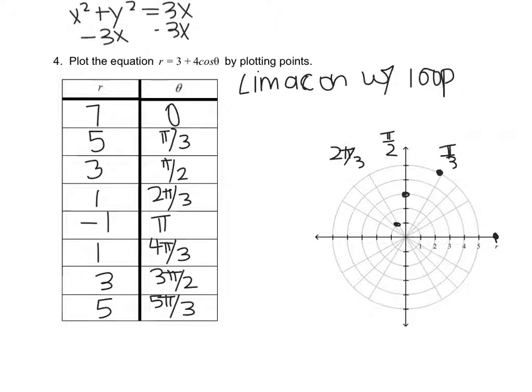At pi, we have -1. So remember, even though pi is on the left here, traveling a distance of -1 is going to give us a point on the positive side of our axis. Then 4 pi over 3 is going to have a value of 1.